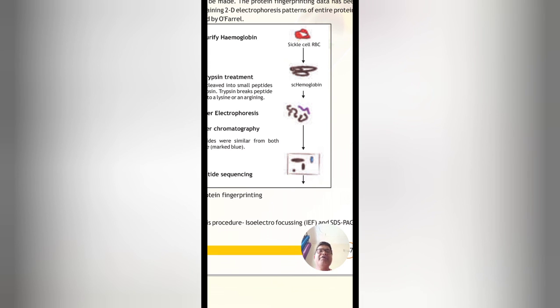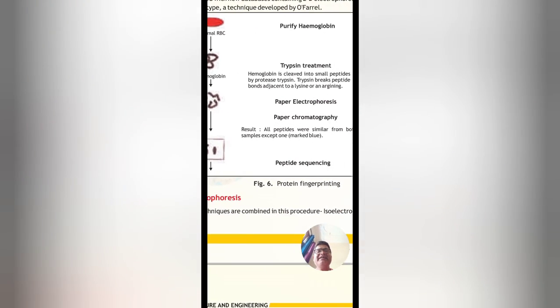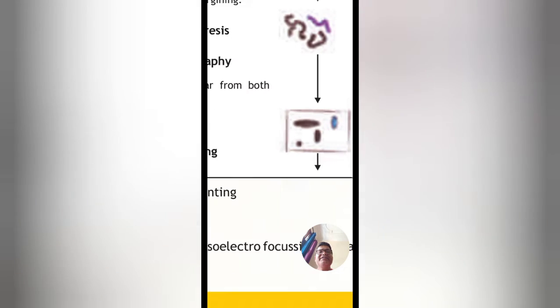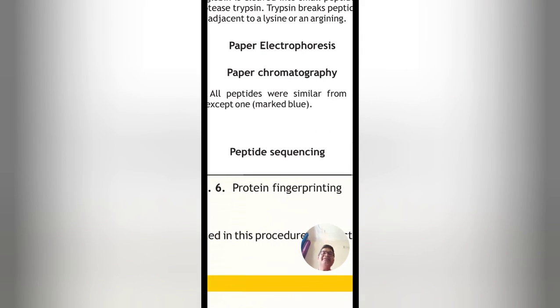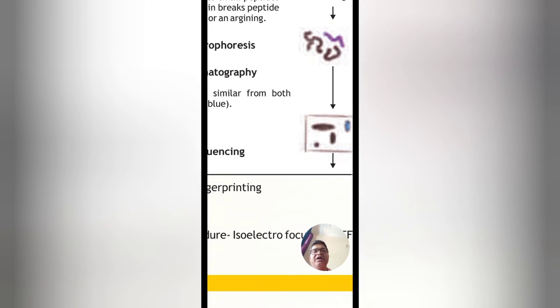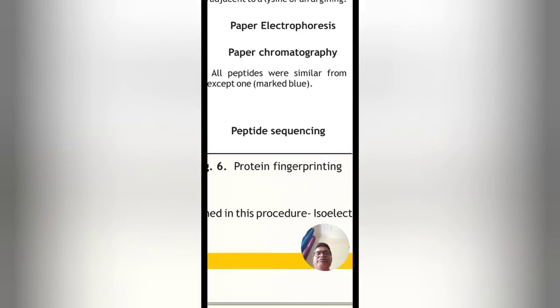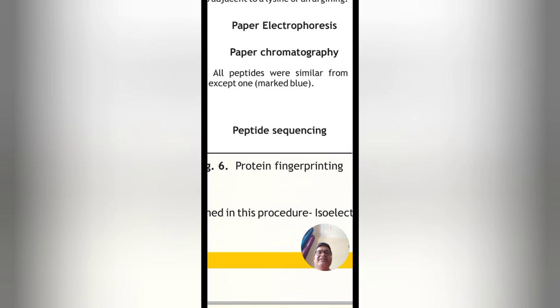Mainly he observed the hemoglobin protein spots, so he compared each spot. Then he found that one of the spots was different from the normal. Then he isolated that particular segment that was not present in the normal, isolated the protein sample from the paper chromatogram, and then proceeded for peptide sequencing.